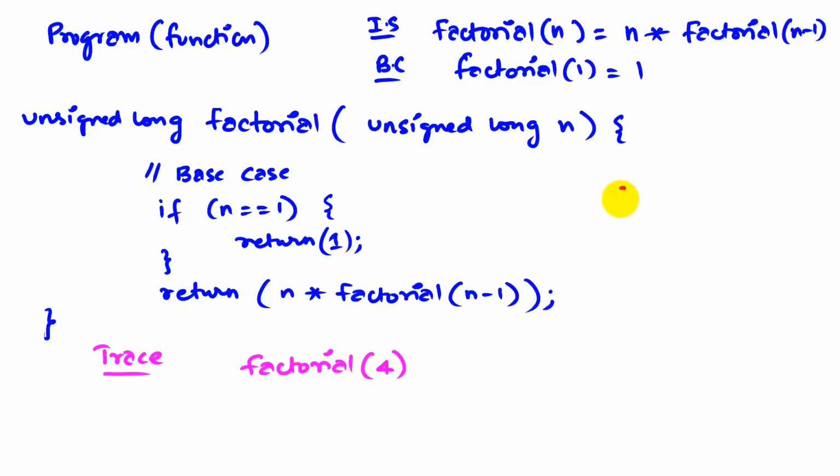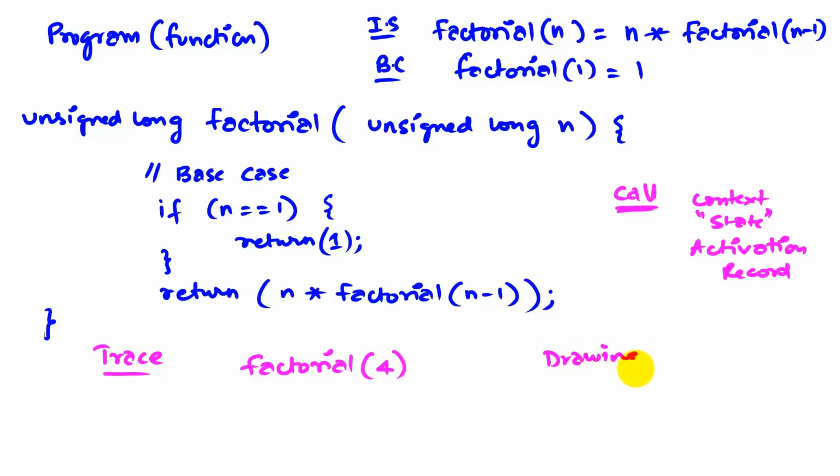Each call, when we make a call, we refer to the context or the state of the call. In programming terms, we call it the activation record. So basically, tracing is nothing but drawing an activation record tree, if you will. We'll see what that means.